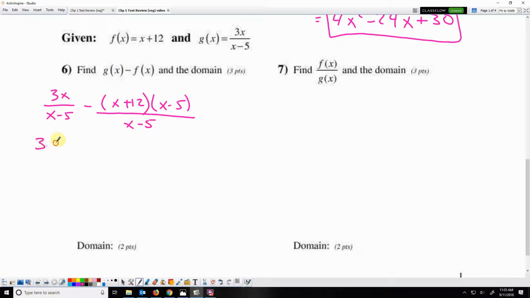So we've got 3x minus, x squared minus 5x plus 12x is 7x. And we should keep this second part in parentheses. Minus 60.